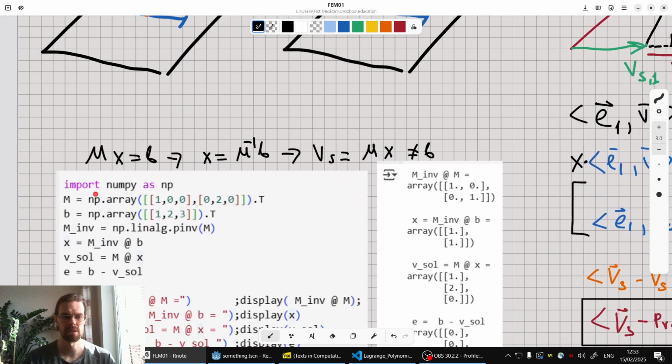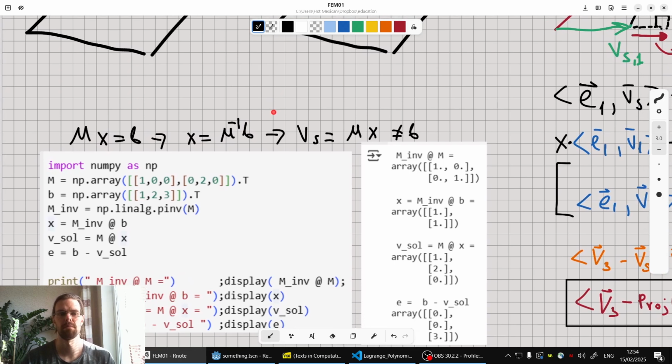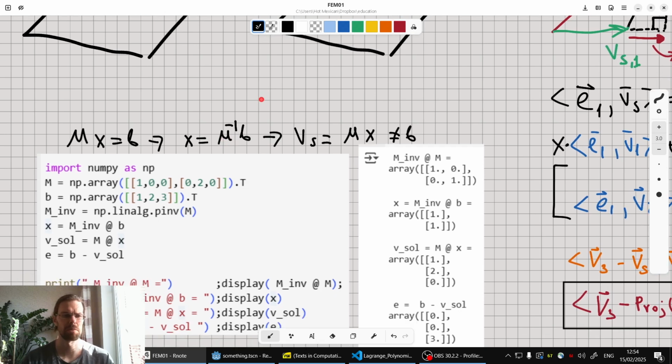So I have recreated this particular problem in Python. Usually, in order to calculate X, we calculate M inverse and multiply by B. But notice that we cannot even get an M inverse because this is not a square matrix.